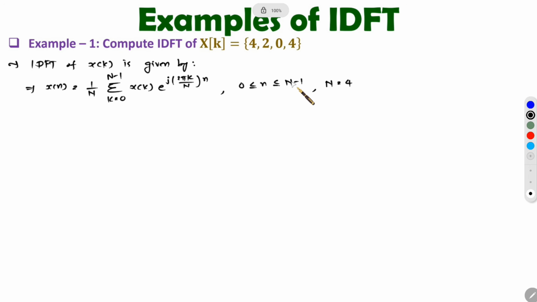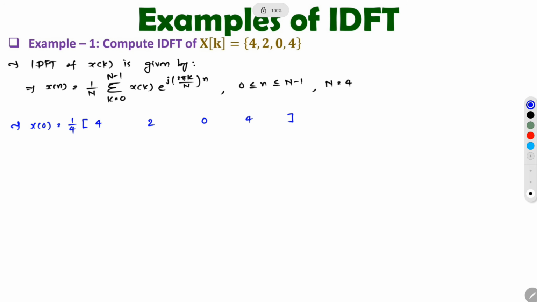So now what I'll do is calculate x of 0. When you calculate x of 0, here e to the power small n is there with us, where this small n is 0. This capital N is 4. So let me write 1 by 4 over here. Then first of all, I'll write this sequence. So here I'll write 4, then 2, then 0, and then 4.